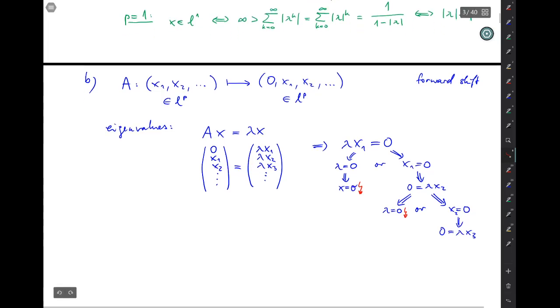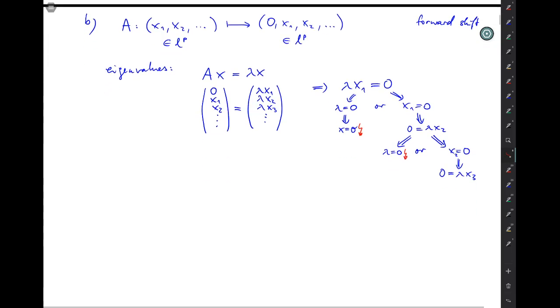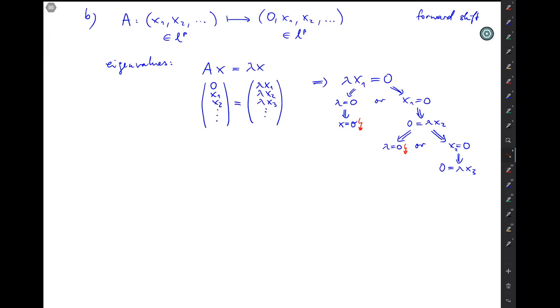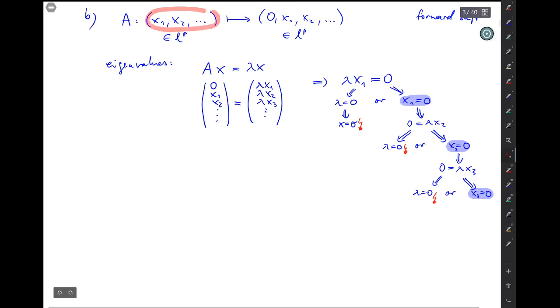So lambda times x3 is 0. Can you see what's happening? Well, we now get that also x3 is 0 and so on. So we have x1 is 0 and x2 is 0 and x3 is 0, and in that style you will continue to see that your whole input vector is the 0 vector. But like we said, that doesn't count as an eigenvector.